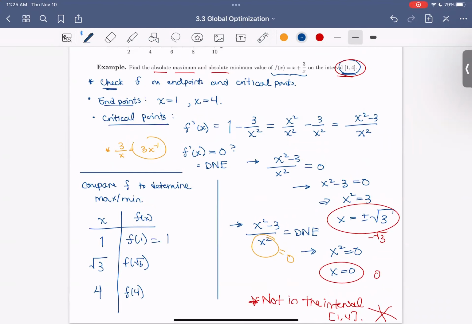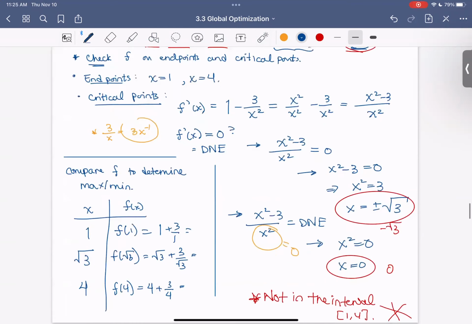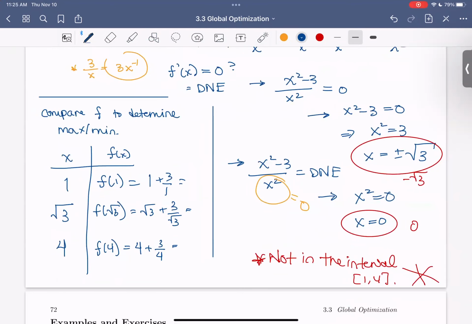That looks like 1 plus 3 over 1, root 3 plus 3 over root 3, and 4 plus 3 over 4. You can get out a calculator and compute all those values, and go ahead and check my work here. I'm getting 4, then about 3.46, and for this last one, I'm getting 4.75.